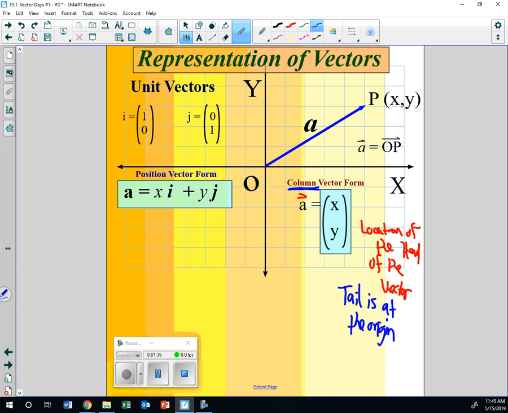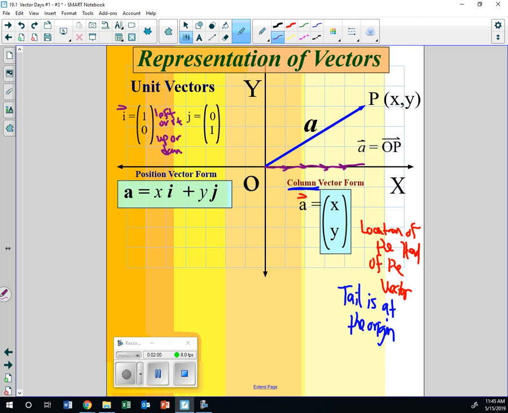The second one uses this idea of little vectors. We'll call them unit vectors. This unit vector is left or right 1, and then up or down 0. So here's right 1, down 0.